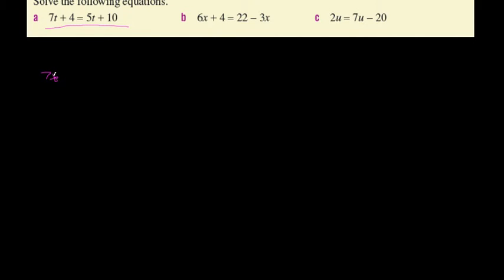7t plus 4 equals 5t plus 10. Alright, we generally put the letters, the pronumerals, on the left. We want them to be by themselves on the left, but it is pretty much the exact same thing as if they're on the right side.